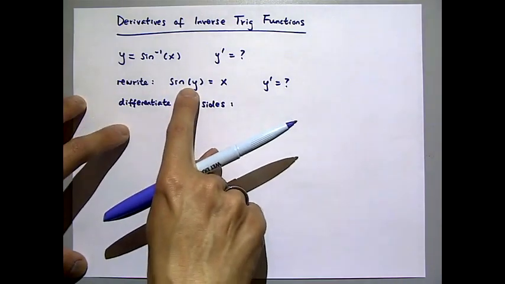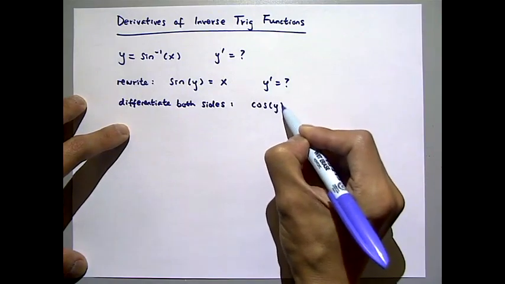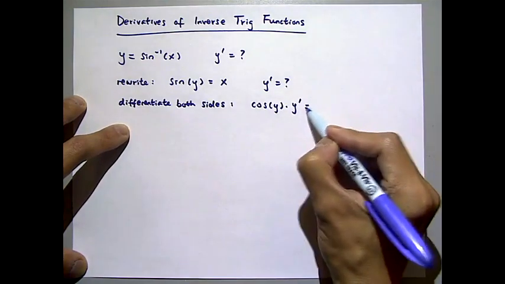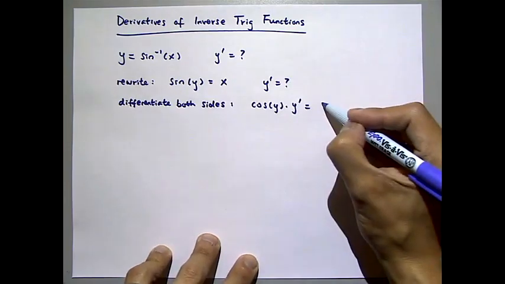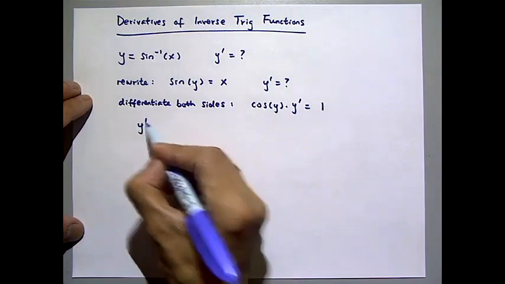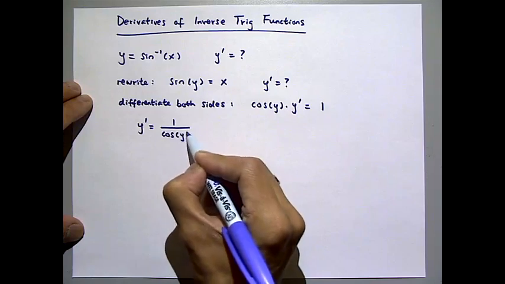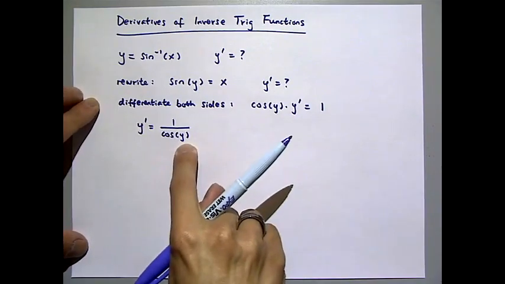Derivative on the left, sine of y is cosine of y times y prime, right? Right-hand side, derivative of x is 1. So we see that y prime is equal to 1 over cosine of y. Okay, so we got the derivative, but we can do better. We can actually get rid of y.